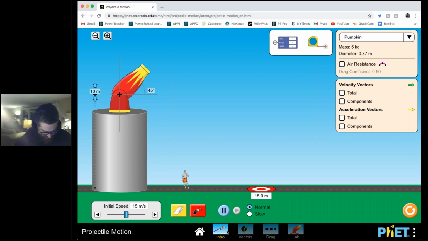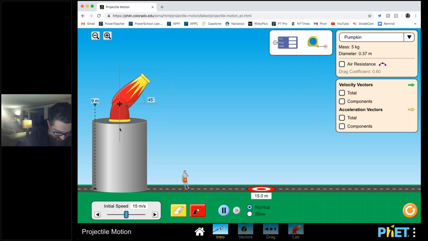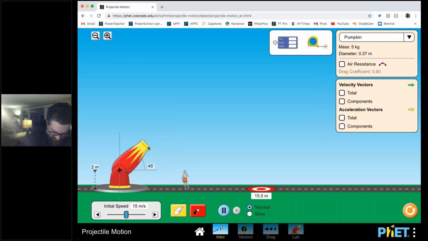They changed it up a little bit, so I have to figure out where the fire button is. Why isn't it firing? Oh, and let's just fire it from the ground as well. So I'm going to bring this down at 45 degrees.